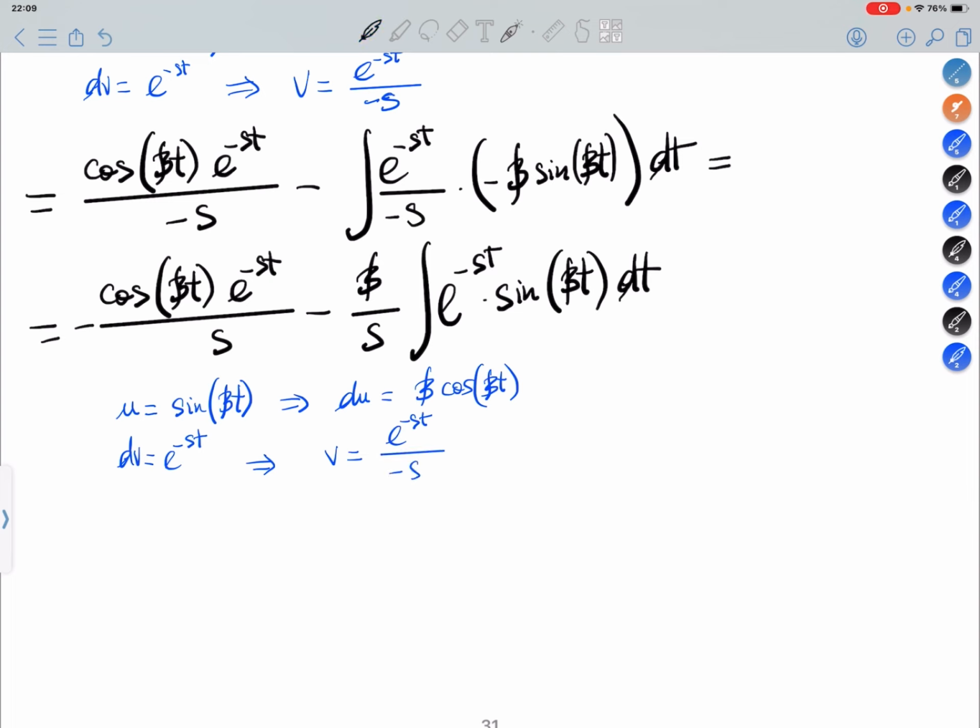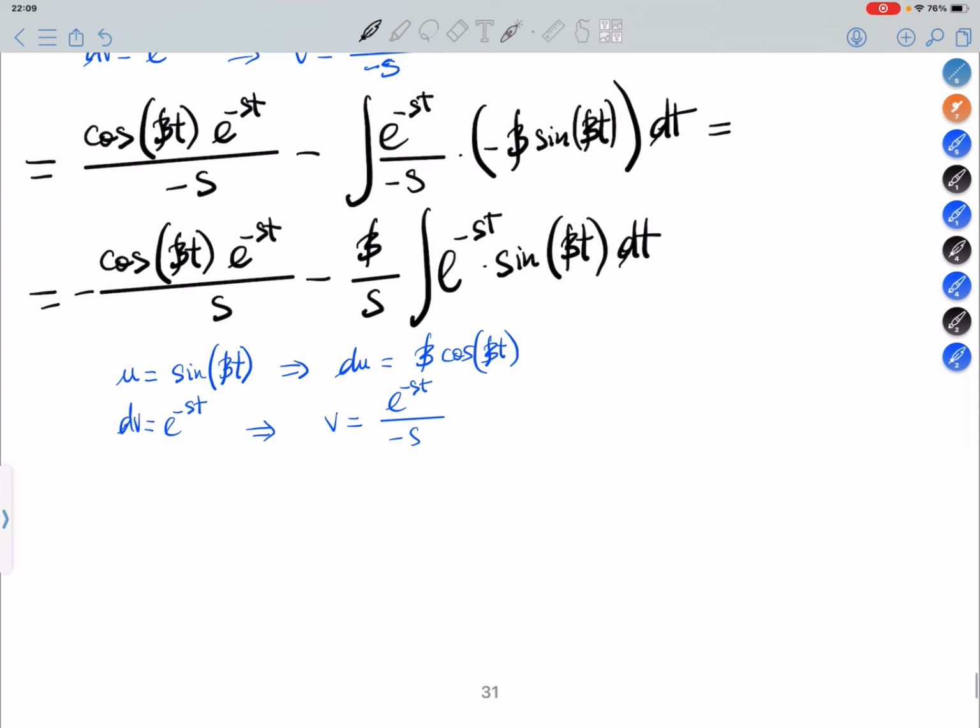We do the same, uv minus the integral of v du.